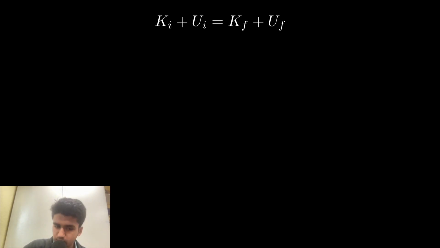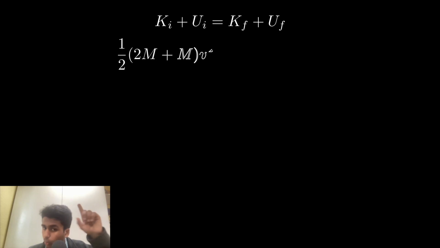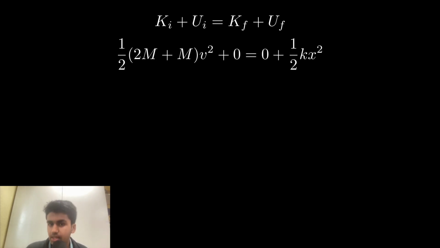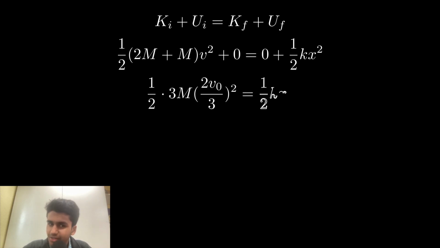is not compressed. So that means the initial kinetic energy is 1/2 times 2m plus m. The reason why I wrote it like this is because after collision, both blocks stick together and act like one object of a larger mass, and this equals 1/2 kx squared. We plug in our velocity that we found in the last part, 2v0 over 3.